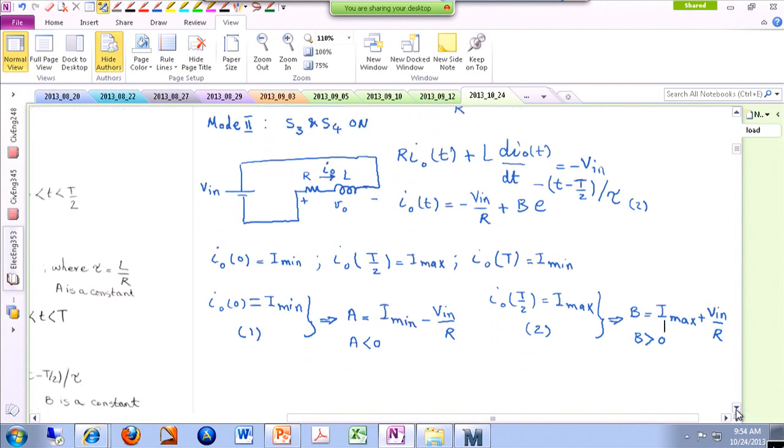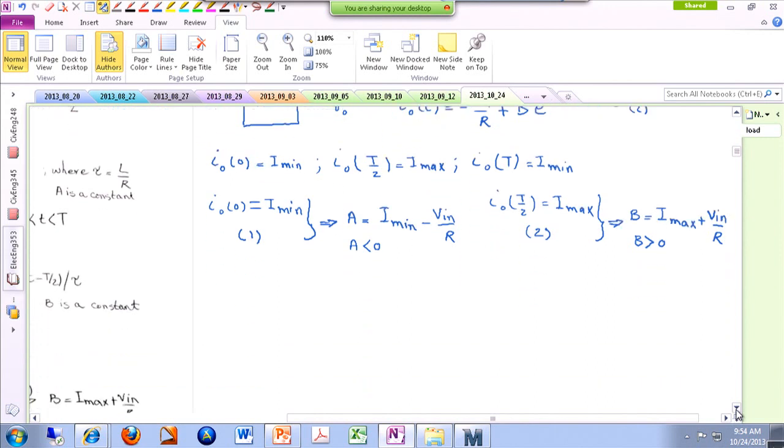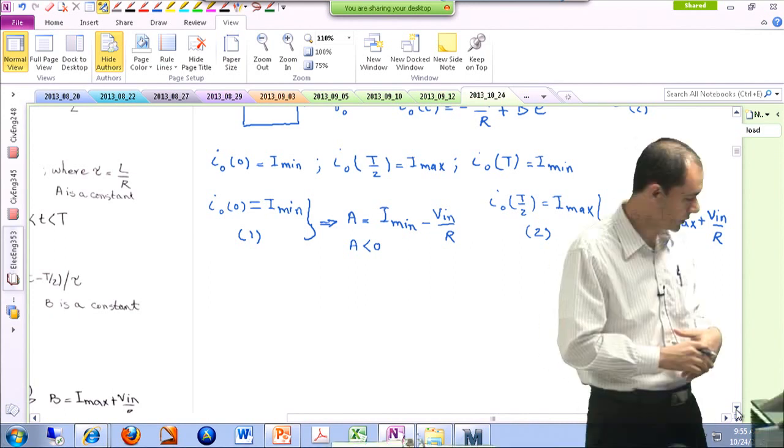Okay, so now what we can do is look at equation number 1 describing the operation in the first mode, and equation number 2 describing the operation in the second mode, but there's an overlap between these two modes, and that is t equals T over 2, period over 2.